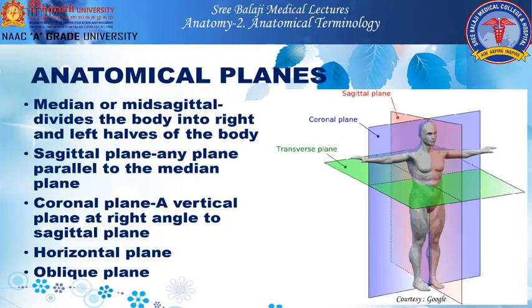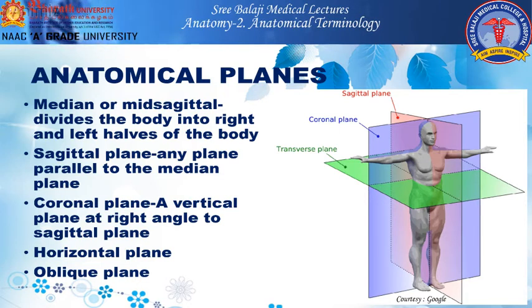I'll just help you differentiate these. The median plane is nothing but the mid-sagittal plane. That means it divides the body into exactly right and left halves. Imagine that you are cutting the body into the right half and the left half. That is called the median or mid-sagittal plane.